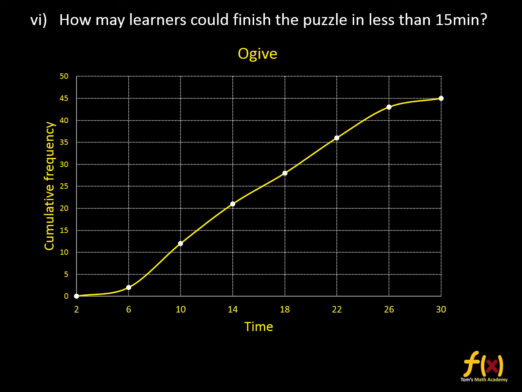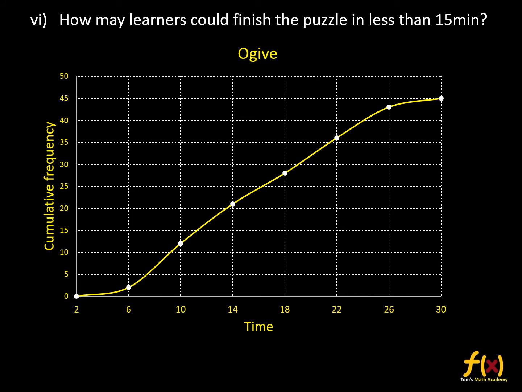How many learners could finish the puzzle in less than 15 minutes? Okay, applying the ogive, we calculate how many learners. These are all statistics graphs. So, less than 15 minutes.